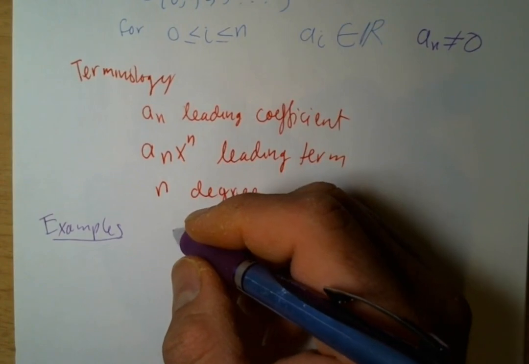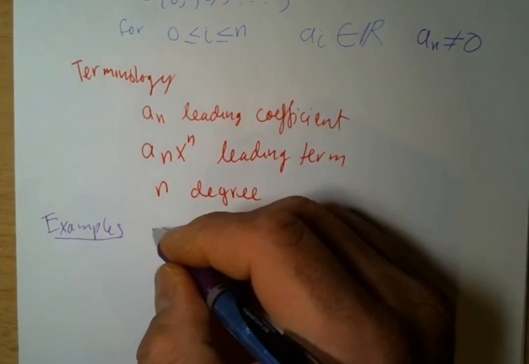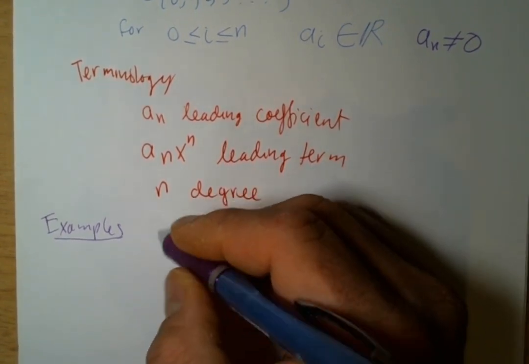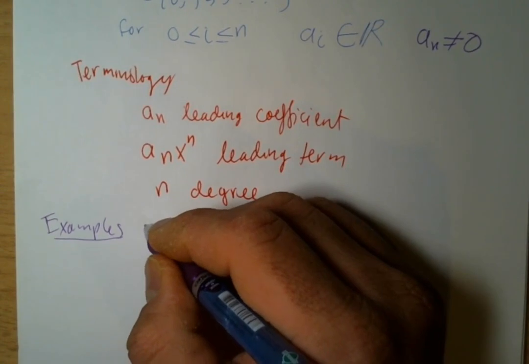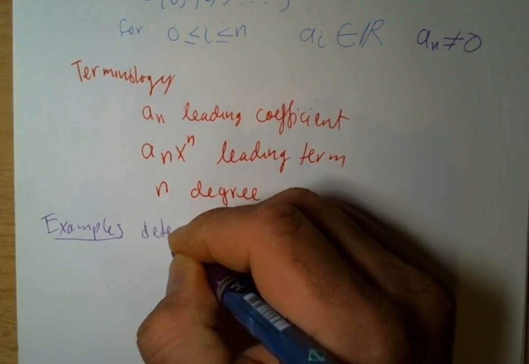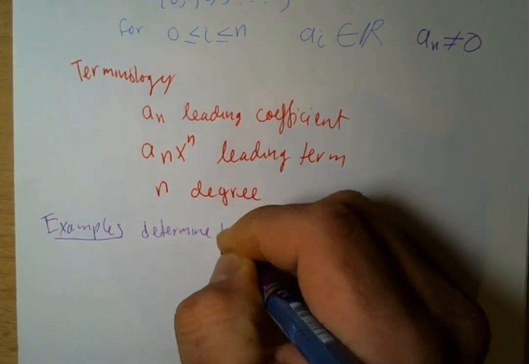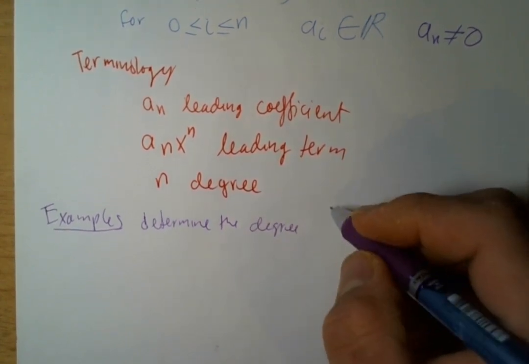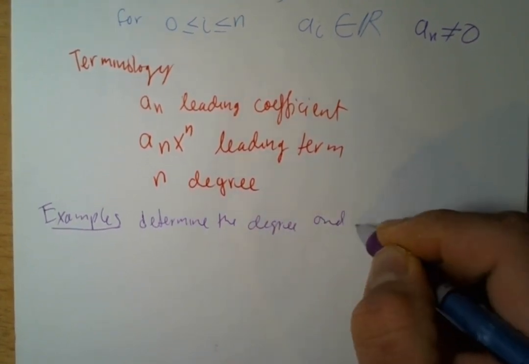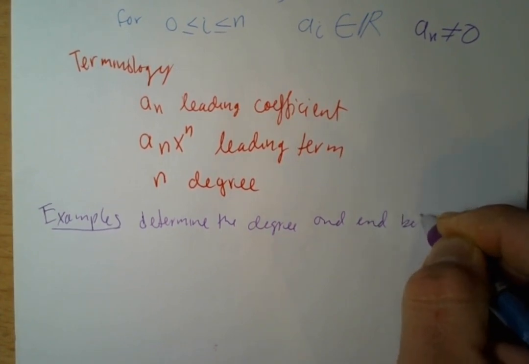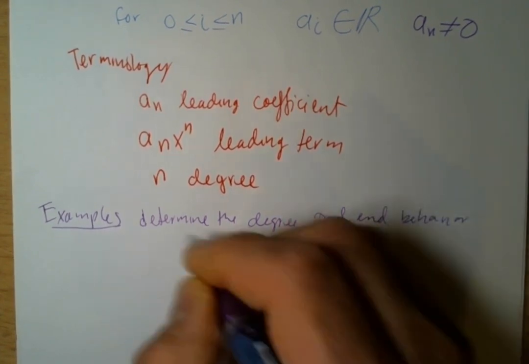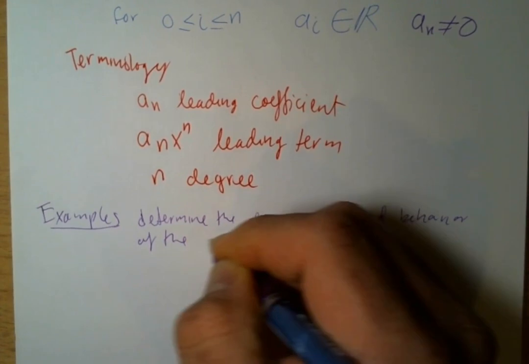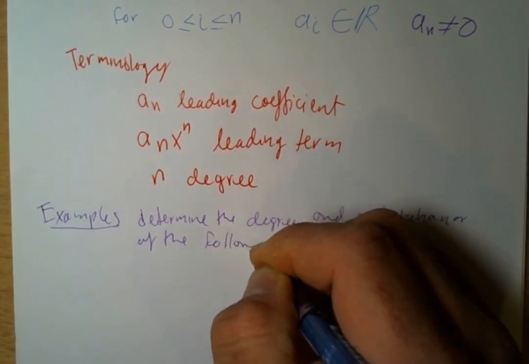Okay, so as some examples here, we want to do two things: determine the degree and end behavior of the following polynomials.